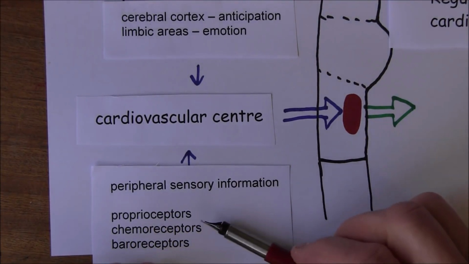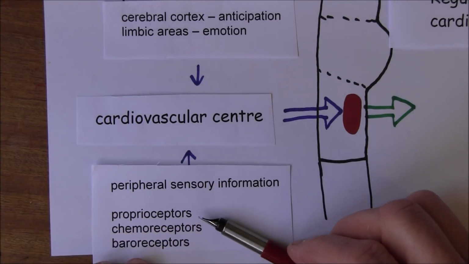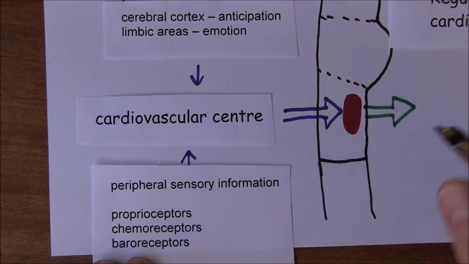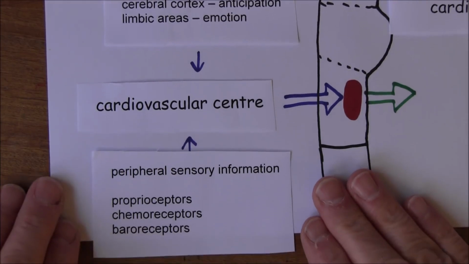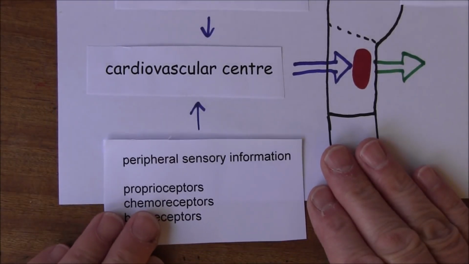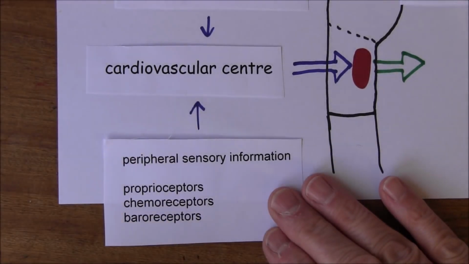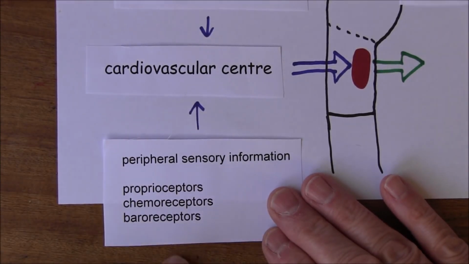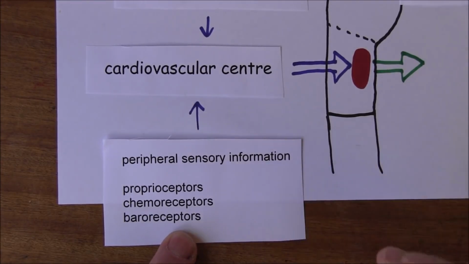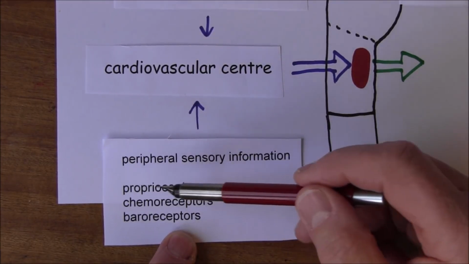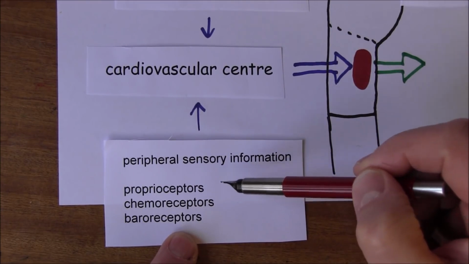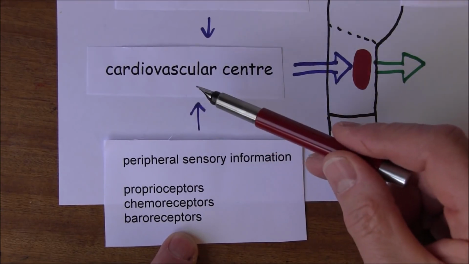Now it's the proprioceptors that detect movement in the muscles and the joints. So when there's movement in the muscles and the joints that is consistent with exercise, so when there's movement in the muscles when you're running, that's detected in your leg muscles, in your knee joints, in your hip joints, in your ankle joints, that's going to send this proprioceptic information up towards the cardiovascular centre.